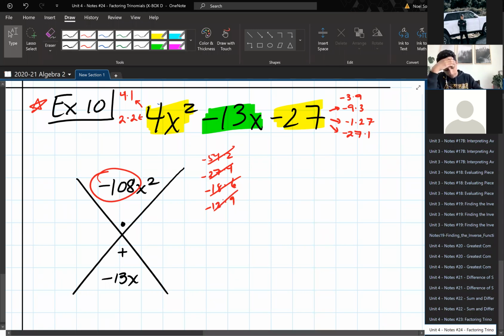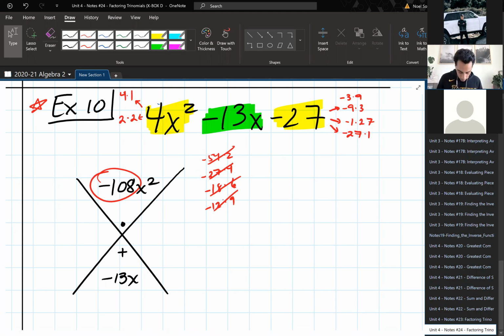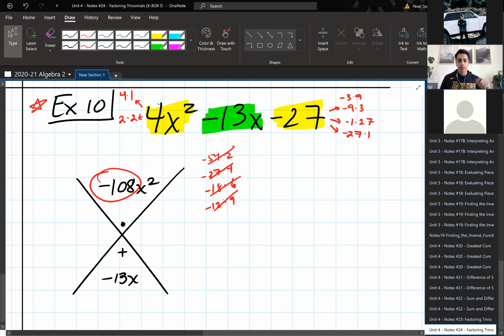That doesn't work. So at least the possibilities, we've run through them when we narrowed them down, and there's not really anything here that's going to add up to be negative 13. So do you see how in this situation you run through the options, but you looked at just the goal: multiply to negative 108 and add to negative 13.